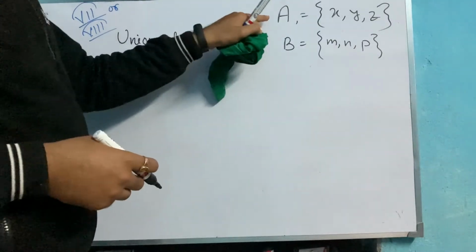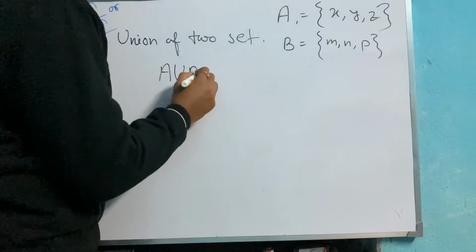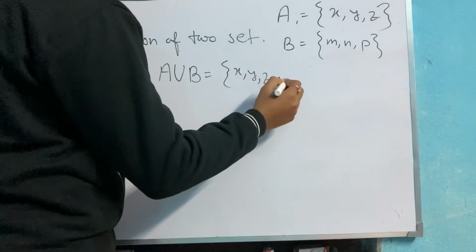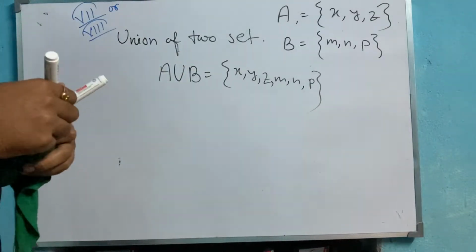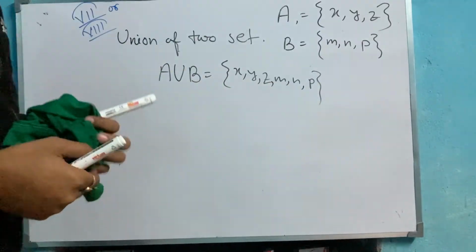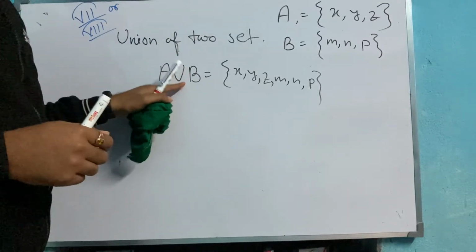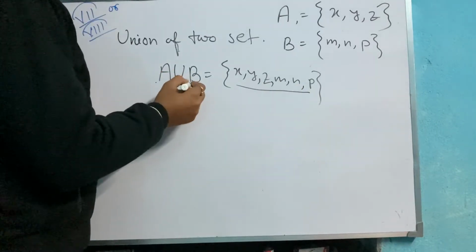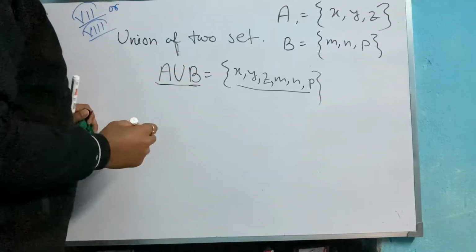The union may be written as A union B, that is X, Y, Z, M, N, P. What does this mean? This means these elements may be present in A or may be present in B. That is the union of two sets.